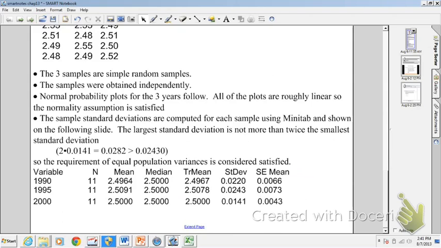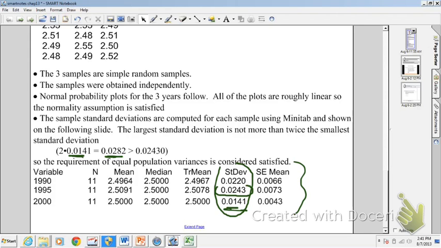And remember, you could retrieve this output from Excel, Minitab, anything you wanted really, graphing calculator. So let's take a look at the standard deviations. Notice that the smallest one is the 0.014. And if you take twice the 0.014, you get about 0.028. And 0.028 is still greater than the largest sample standard deviation that's in the list.